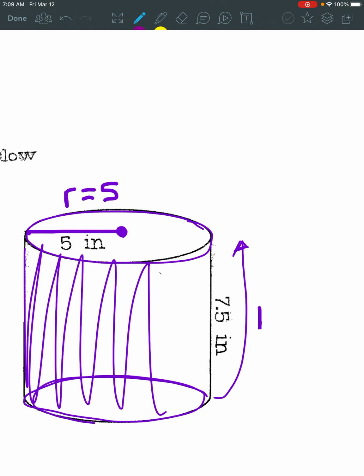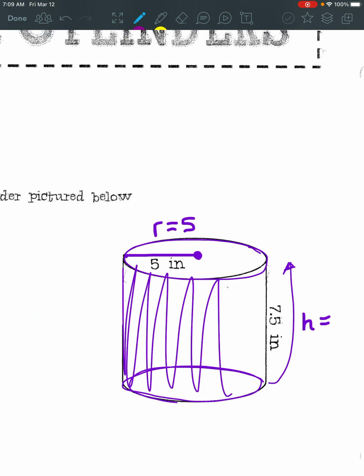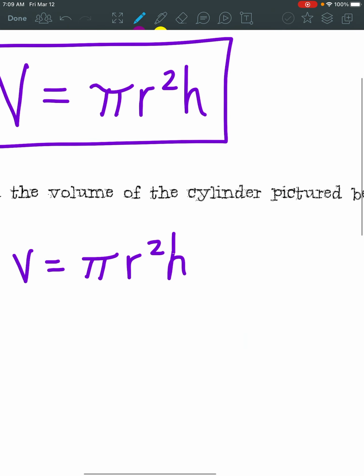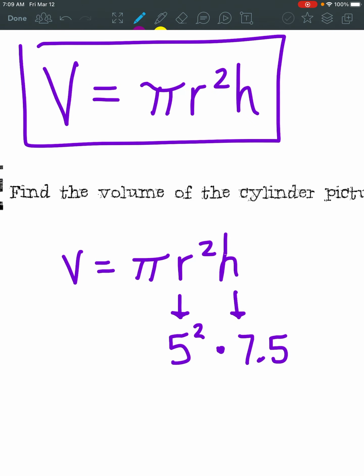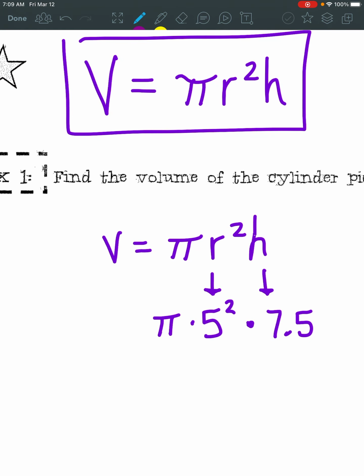Then over here, the height is 7.5. So we're going to replace the r with 5. And I'm going to put my squared on there since it's in the formula. We're going to replace the h with 7.5. Remember these are all being multiplied, so I'm going to put that multiplication symbol in between. And then we still have pi, which is that 3.14, we can put that in our calculator.